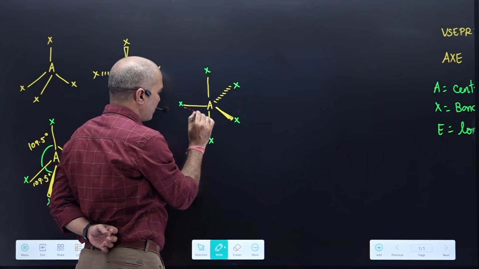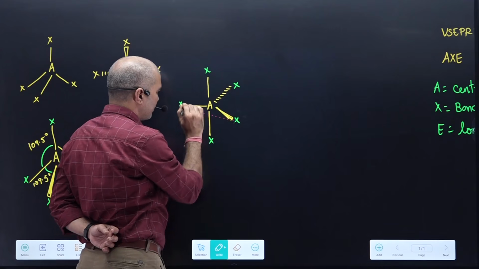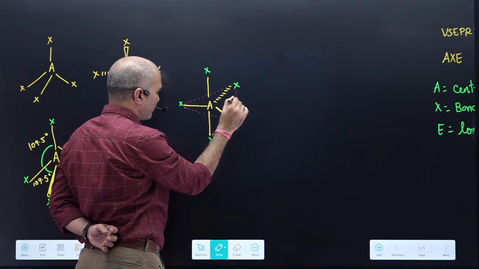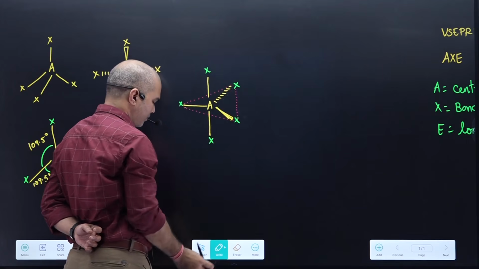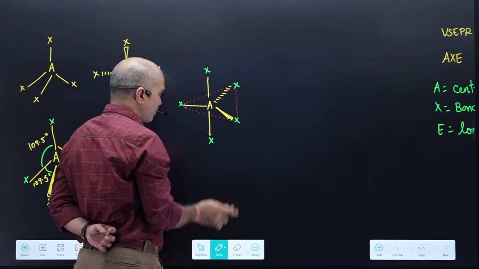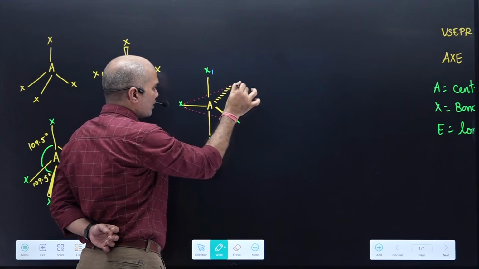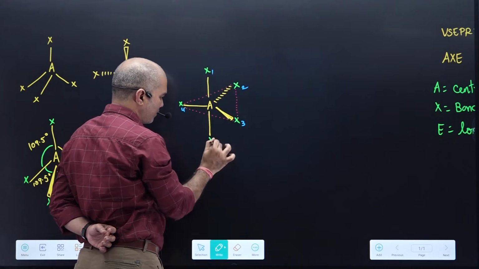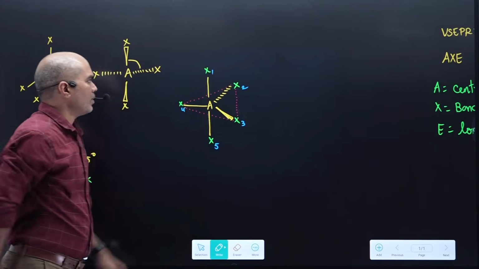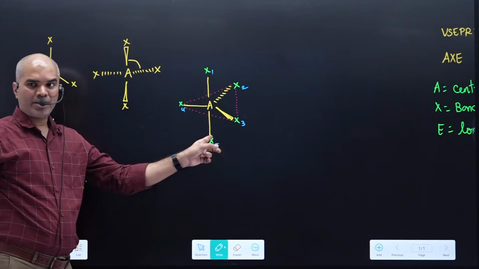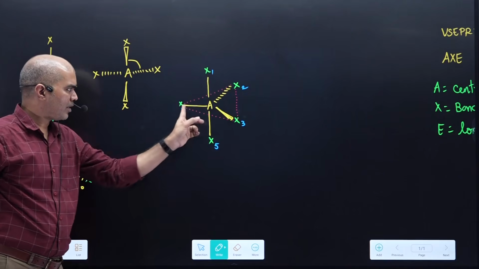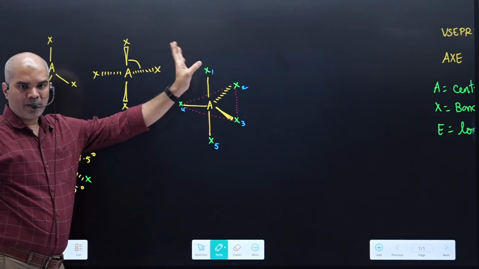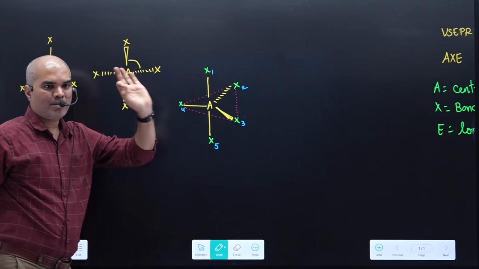This is the equatorial plane, which is in the XY plane. One, two, three, four, five. Don't write 1, 2 because these two are axial ligands. 1, 2, and then 3, 4, 5. According to IUPAC, it is wrong because there is a simple rule.